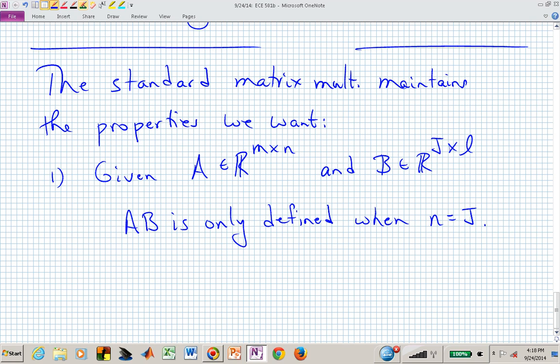And another way of thinking of that is that's equivalent to these dimensionalities of our vector spaces that are in the domain and codomain.